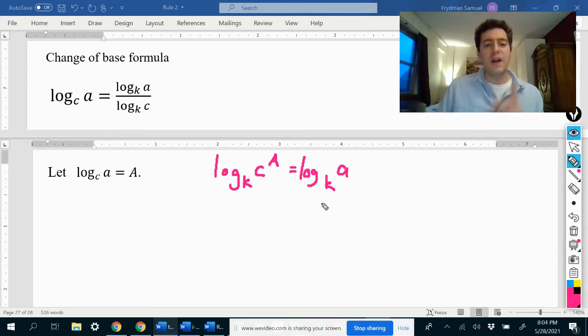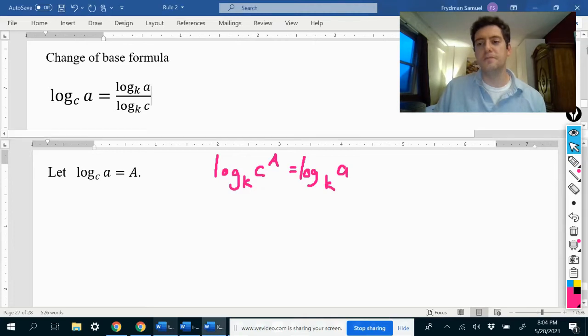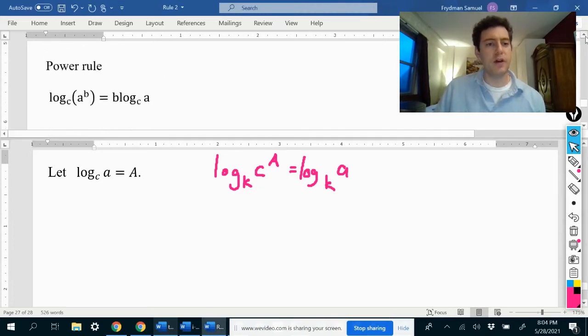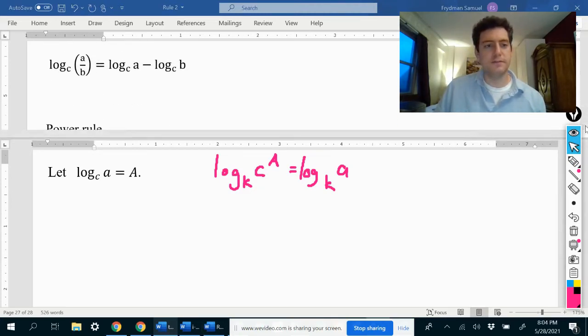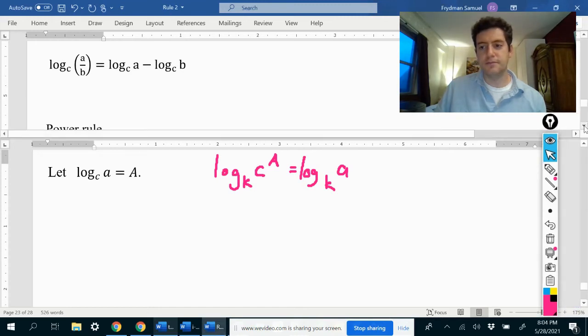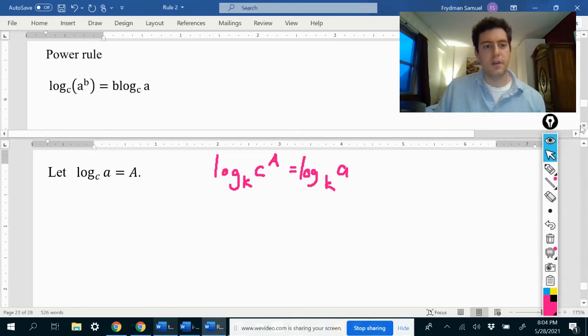Now we can rewrite this using the power rule that we learned about earlier, which says that if we have an exponent in here, then that exponent can become a coefficient.